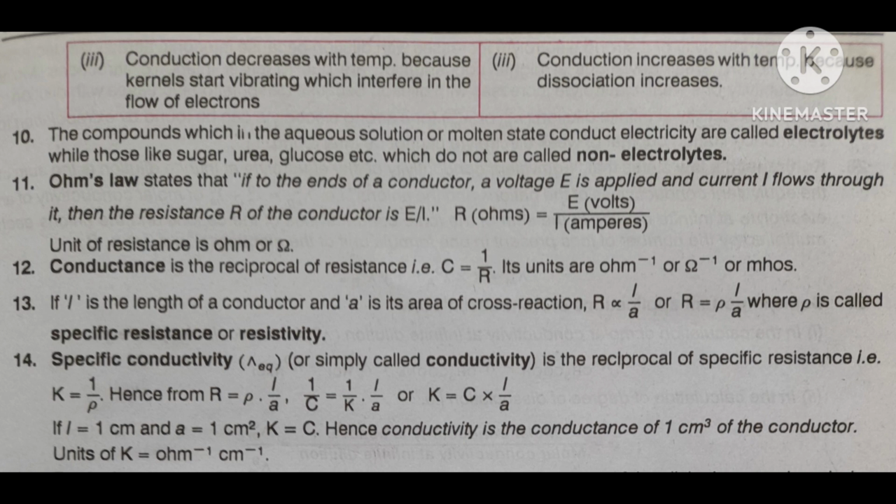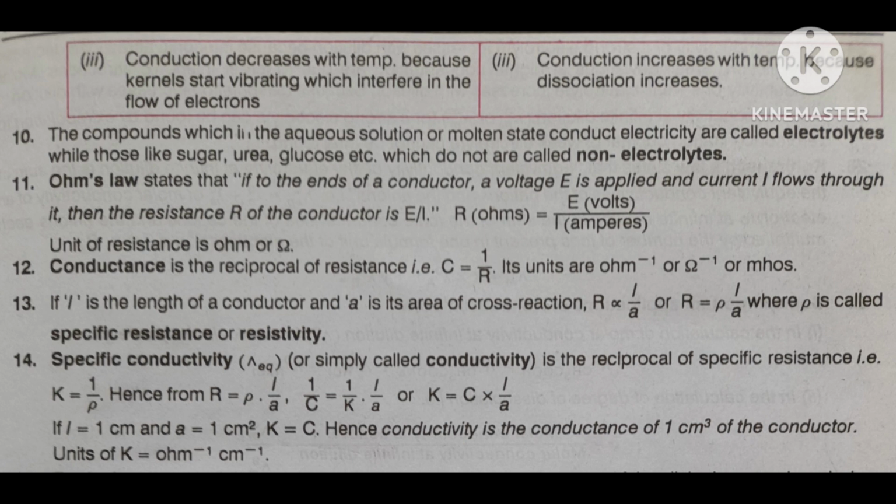Specific conductivity, K is equal to C into L upon A. Now actually you have to use these three equations I told you. With the help of that, you can get the value of rho, because R is equal to rho into L upon A, and also I told you C is equal to 1 upon R. Then from that, R is equal to 1 upon C. Then in the equation R is equal to rho into L upon A, in the place of R you write 1 upon C. Then 1 upon C is equal to rho into L upon A, and you can calculate the rho value very easily.